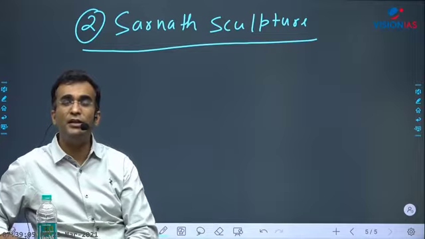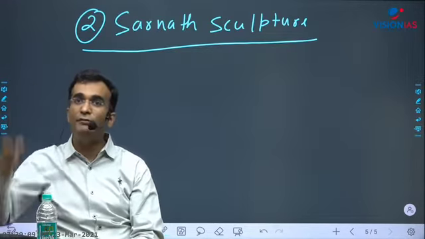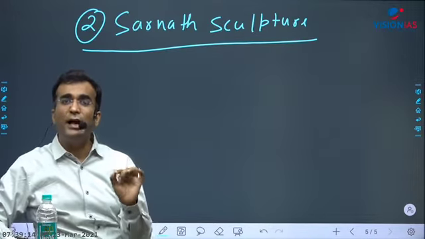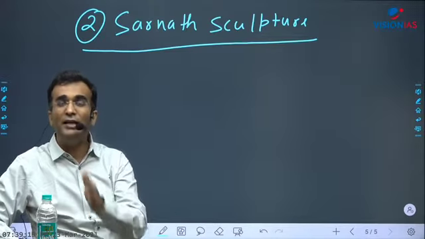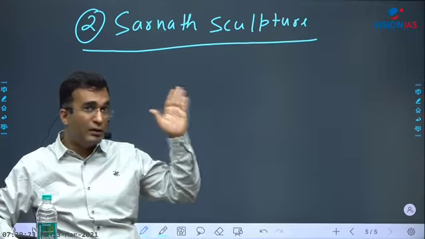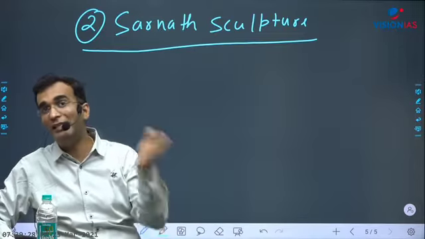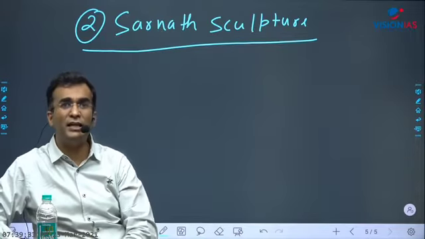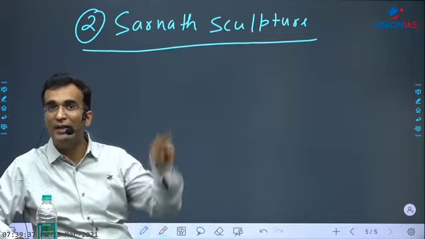Another speciality of the Sarnath sculpture is that the halo behind the head of the Buddha was highly decorated. Otherwise, you have seen that in Mathura it was decorated but not highly decorated, and in Gandhara the halo was not at all decorated. So Gandhara, no decoration on halo. Mathura, decoration in halo, but in Sarnath, high decoration in the halo. Another speciality, that they also combined many Jataka panels with the dominating image of the Buddha.